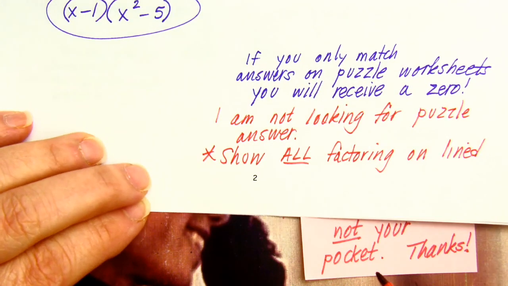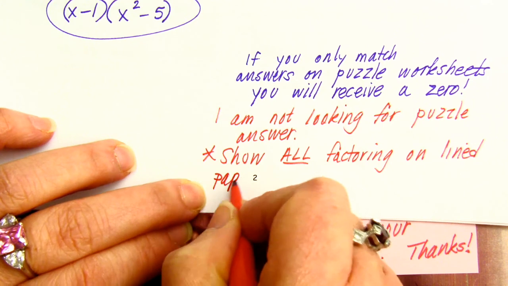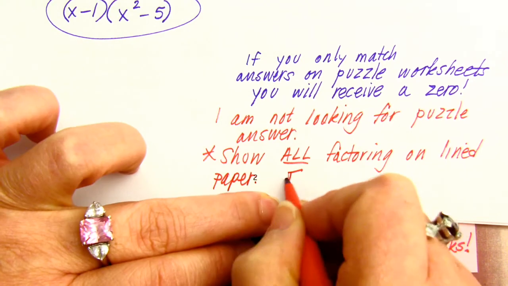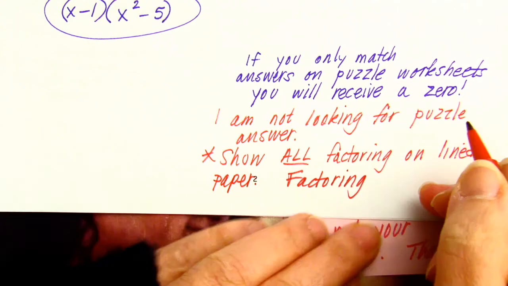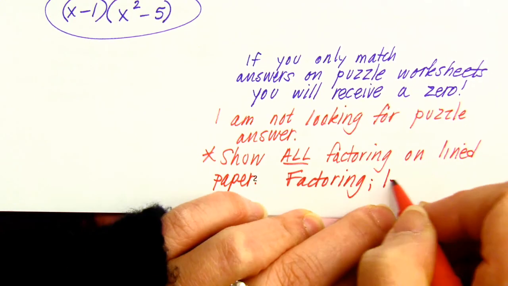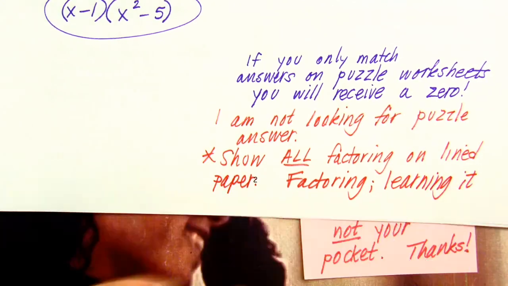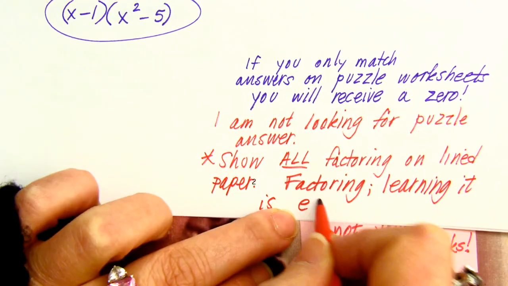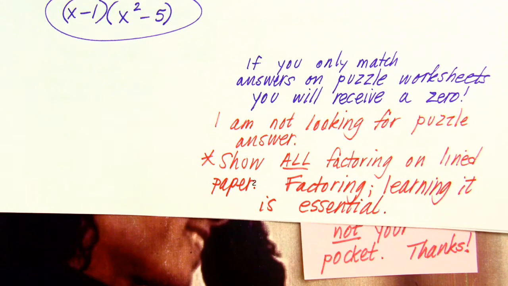So you must show all factoring on lined paper. Factoring, learning it, is essential. And if you are having trouble with it, then you need to come to a Google Meet and ask for help.